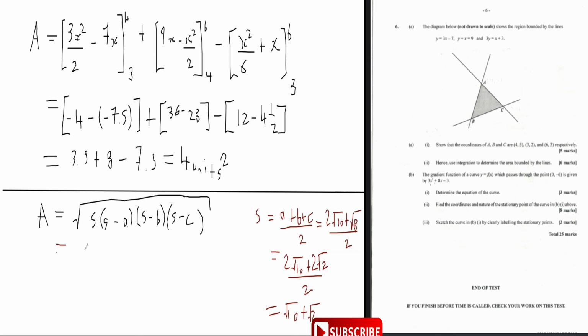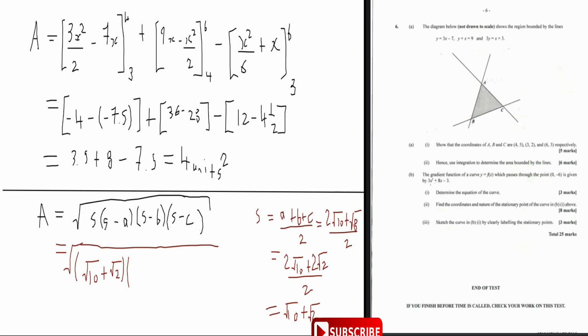So the area is going to be the square root of S, which we just saw is root 10 plus root 2, times S minus A. S minus A is going to be root 10 plus root 2 minus root 10.